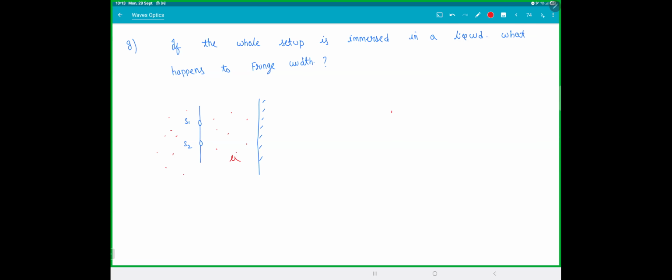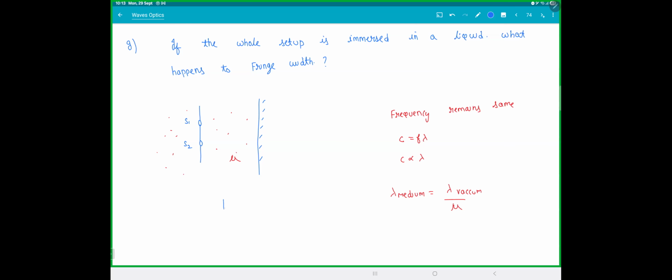Remember, whenever you put it into a medium, frequency remains the same. So c is equal to f lambda, c is proportional to lambda. So lambda for medium will be lambda for vacuum by mu. Wavelength decreases.